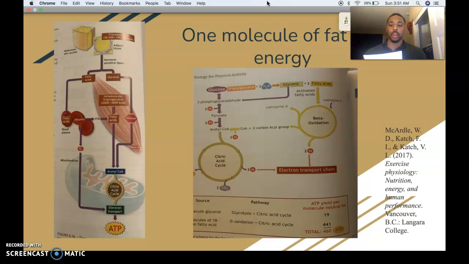From this, a total of 441 molecules converted from ADP to ATP are produced. Along with the 19 from glycerol, that makes an equivalent of 460 ATP.